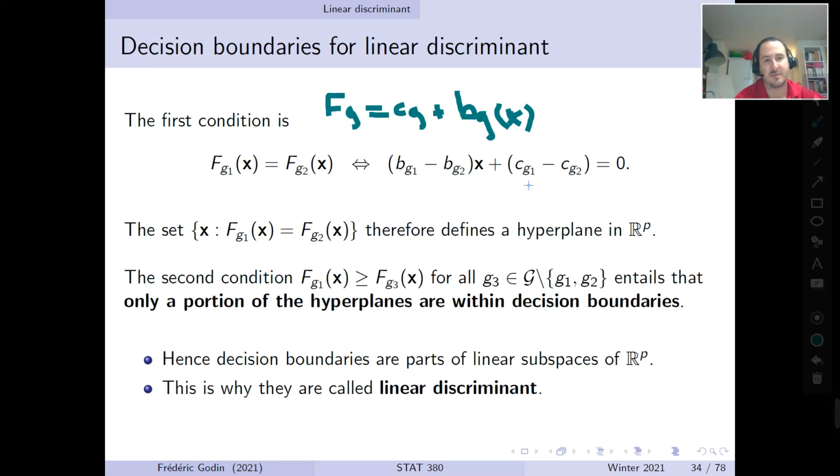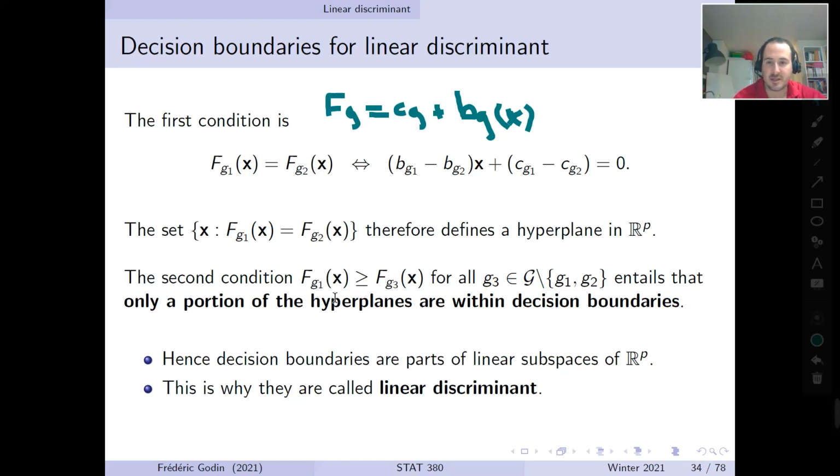You've probably seen this in linear algebra: these types of linear equations provide solutions for x which are hyperplanes. So we see that the set of all x's which satisfy this are hyperplanes.